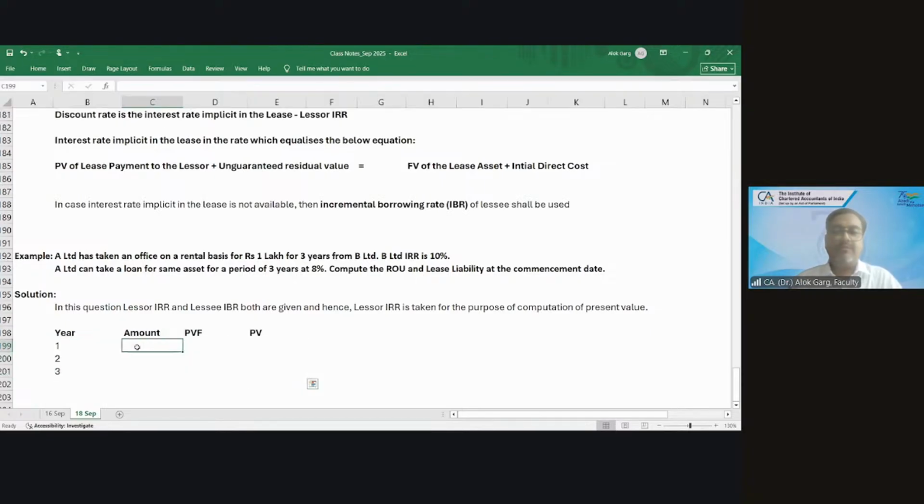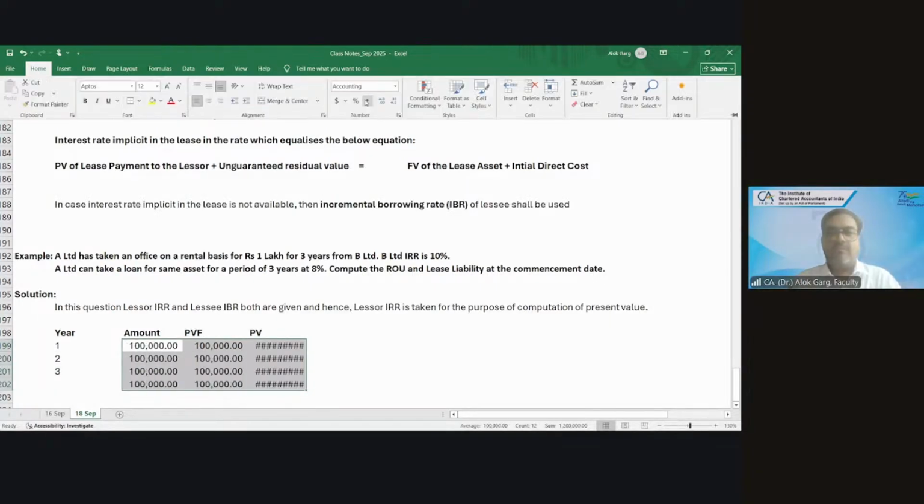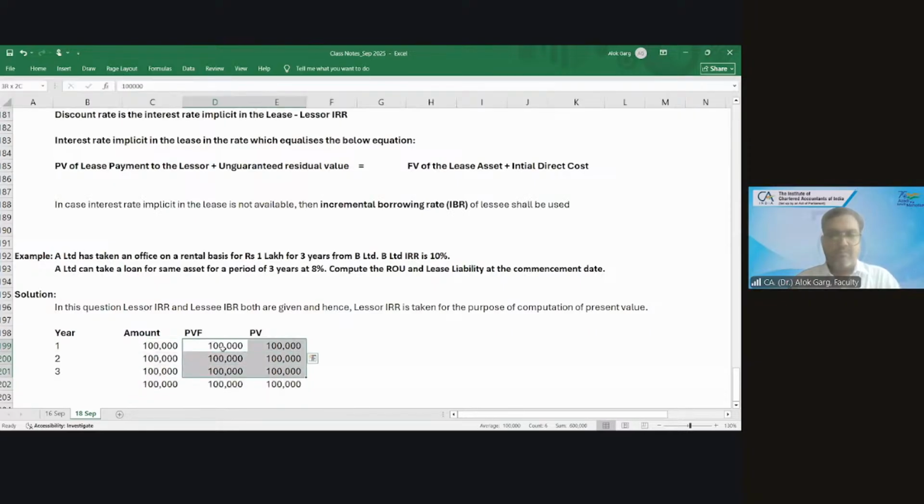What is the amount? 1 lakh. The amount is 1 lakh. Right. What is the present value factor? As per the lessor IRR, 10%. You need to take it at the rate of 10%. 1 divided by 1.1.